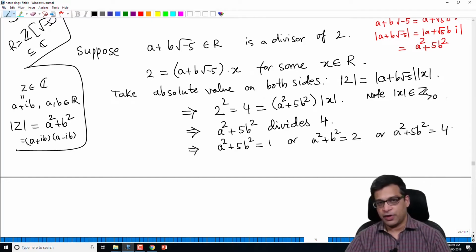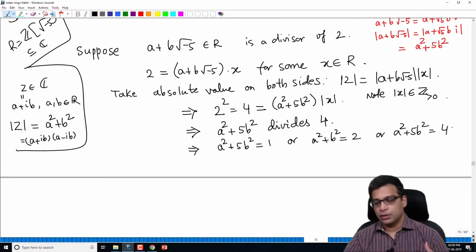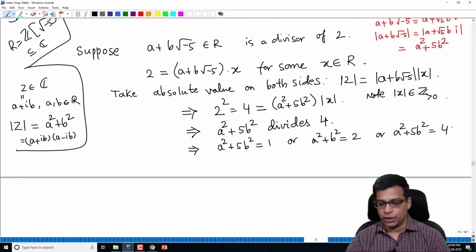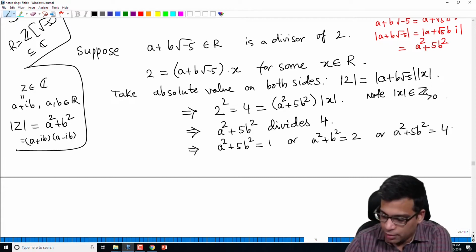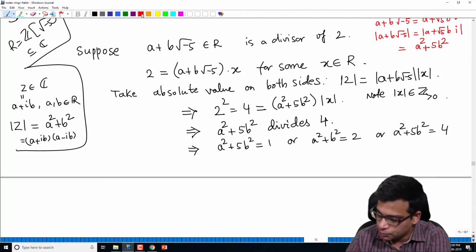Remember, a squared plus 5b squared is a positive number because a and b are non-zero integers. So a squared and b squared are positive integers. a squared plus 5b squared must be a positive integer that divides 4.